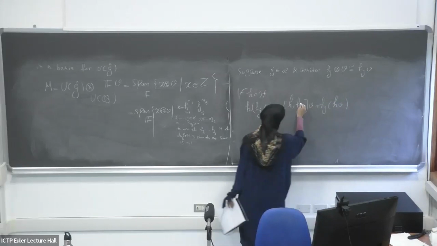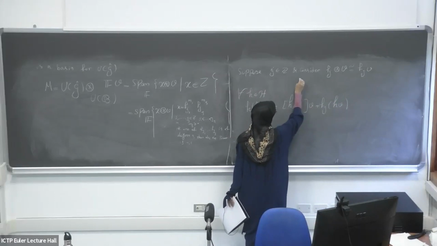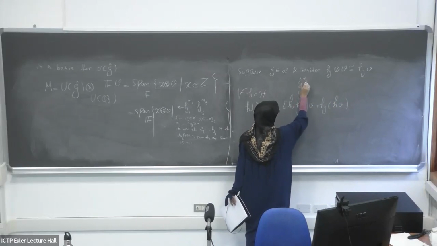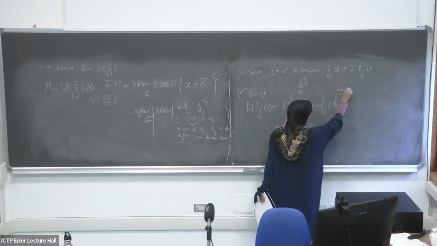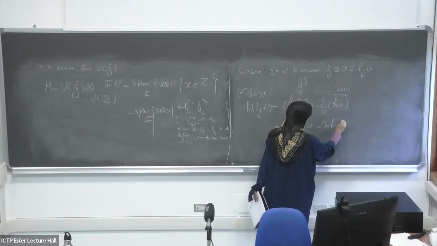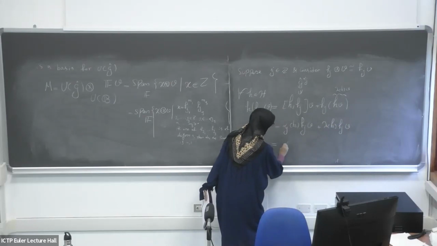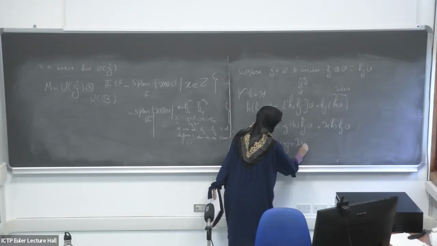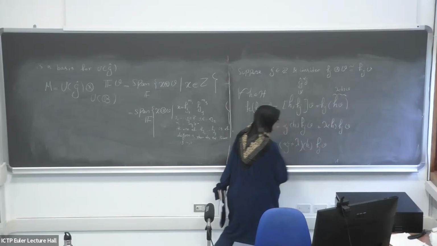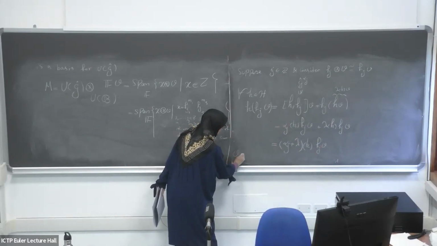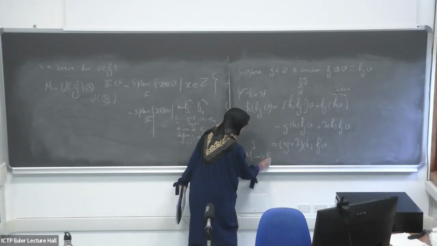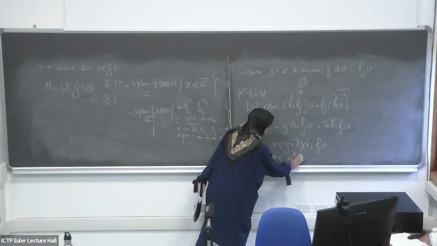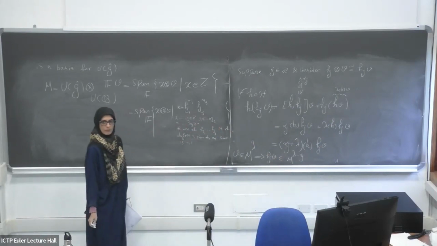And you remember, I told you that Fj is an element of G hat alpha j, so it is alpha j of H Fj V, and it is lambda of H V, so we have lambda of H Fj V. So we have alpha j plus lambda of H Fj V. In fact, V is an element of M lambda, and Fjv is an element of M lambda minus alpha j, right?